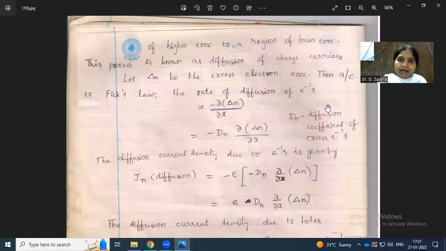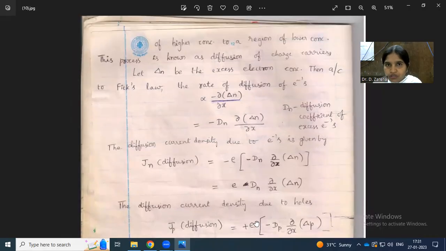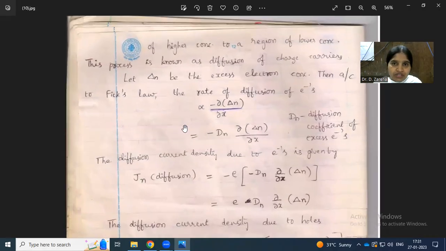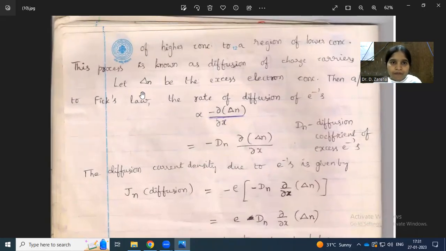So, if holes are more in the higher concentration region, they move to the region of lower concentration. This process is known as diffusion of charge carriers.